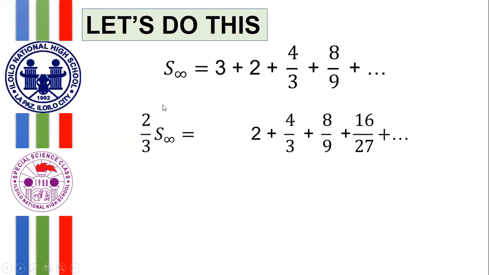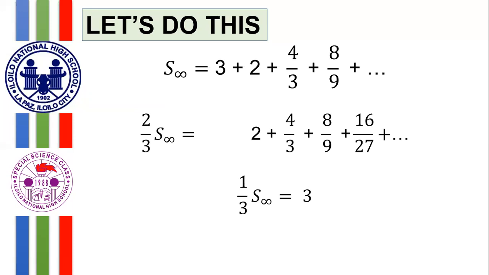1 S sub infinity minus 2/3 S sub infinity is 1/3 S sub infinity. 3 minus 0 here is 3. And the 2, the 4/3, 8/9, and so on will become 0. Hence, 1/3 S sub infinity equals 3.